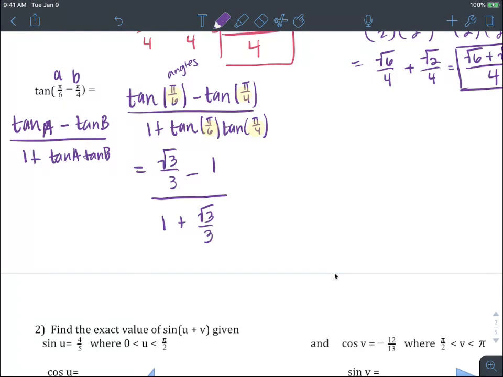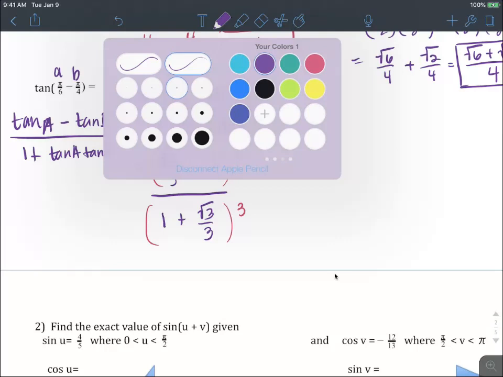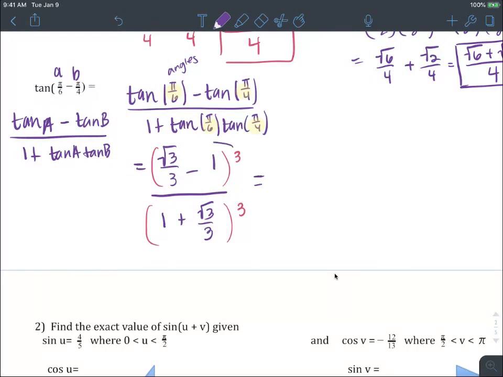Okay, and this is gross, so let's multiply on the top and bottom of this fraction by 3, giving us, I'm going to have to distribute it in. So root 3 minus 3 all over, again, distribute 3 plus root 3, and we're going to leave it like that.